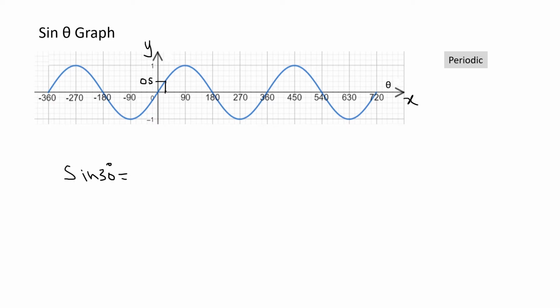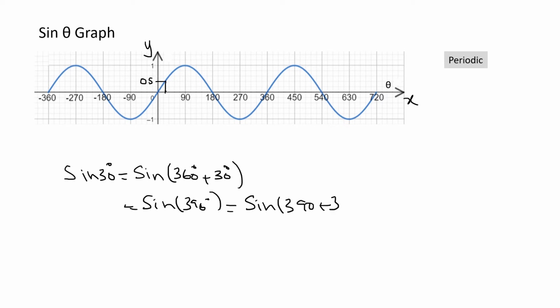The value of sine 30 is the same as the value of 360 plus 30, which is equal to sine 390, and it is again equal to sine 390 plus 360, and this repeats again. So 390 is somewhere here, right? As you can see, this is coming back all the way to this one, so it's periodic.